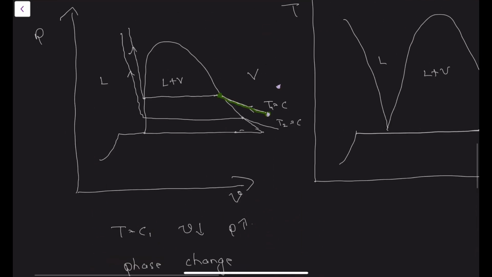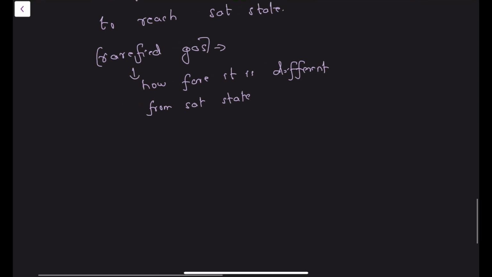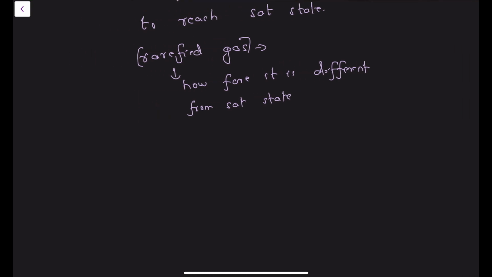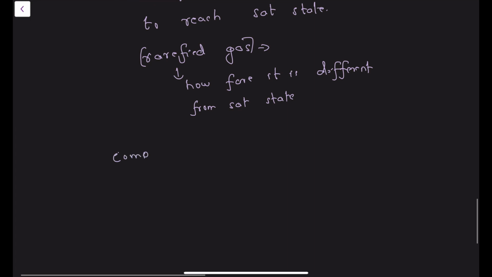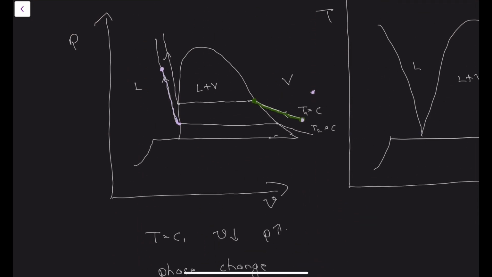Now take a state here. At a constant temperature, if you want to reach the saturated state here, you need to reduce the pressure. We will call this compressed liquid. Compressed liquid means the liquid at these states.